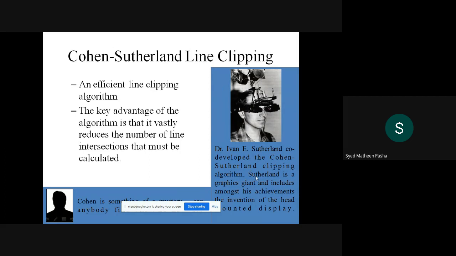He is usually known as Sutherland, a graphics giant, and includes amongst his achievements and inventions. Basically, he is one of the graphics scientists who was working in a huge number of graphics areas with respect to some scientific inventions. So these are some of the key points you need to remember with respect to the Cohen-Sutherland line clipping algorithm.